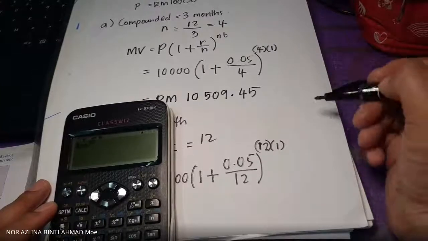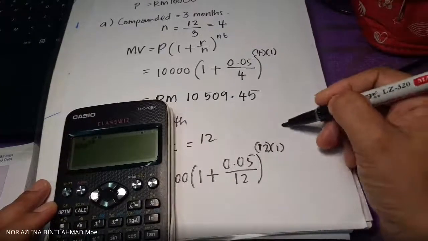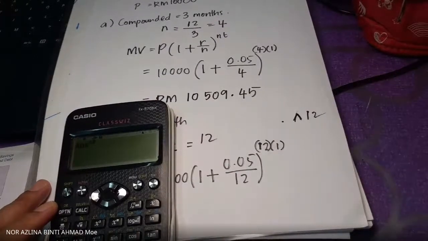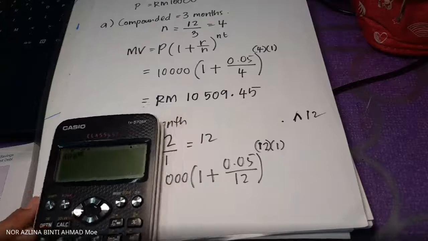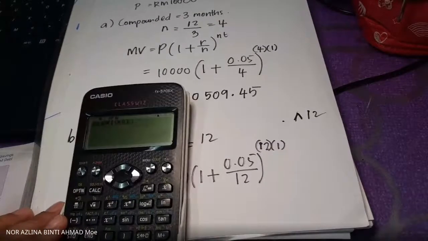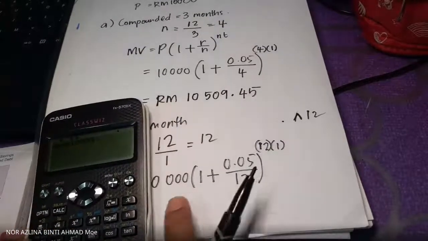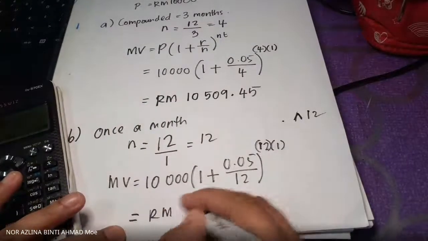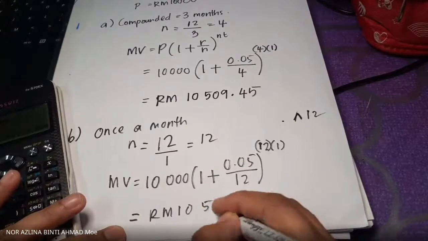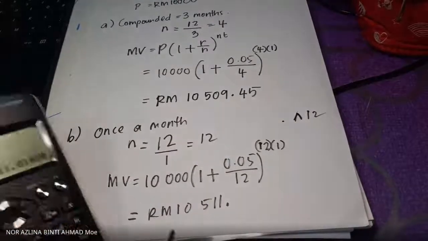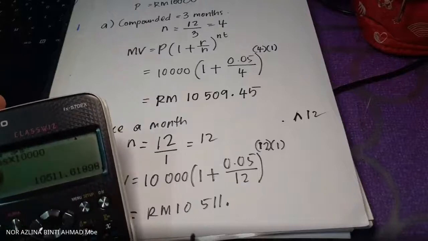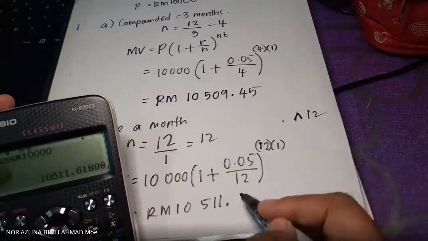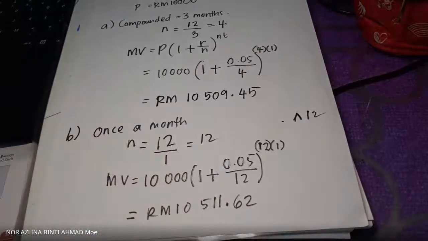If you have the hat symbol, press that, the hat power of how much? 12. Equal. Multiply 10,000. After finishing the index, then we multiply 10,000. So we get RM10,511. You need to round off to 2 decimal places. So 62. That is the final answer.